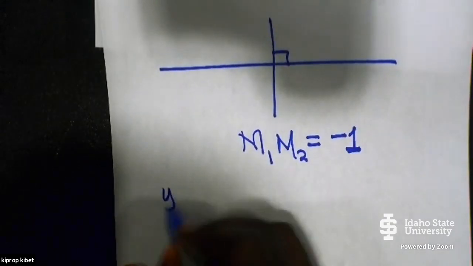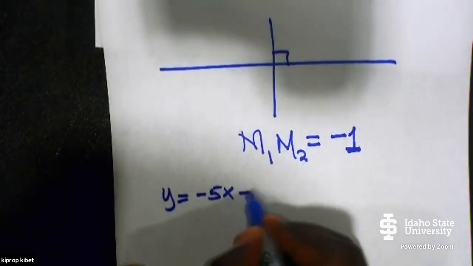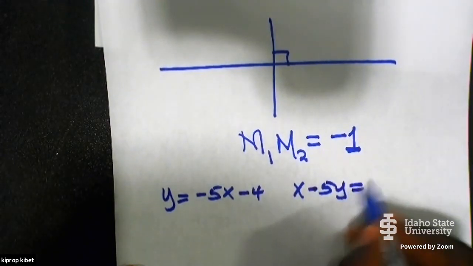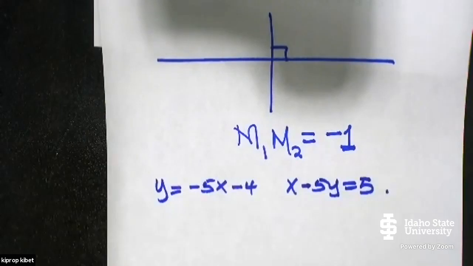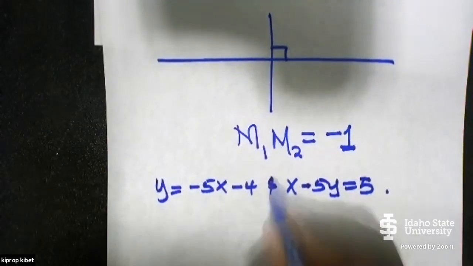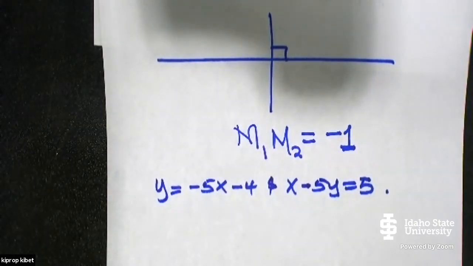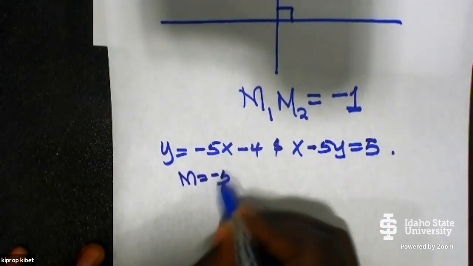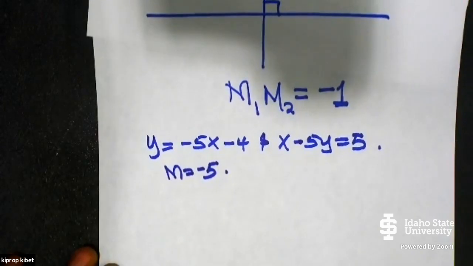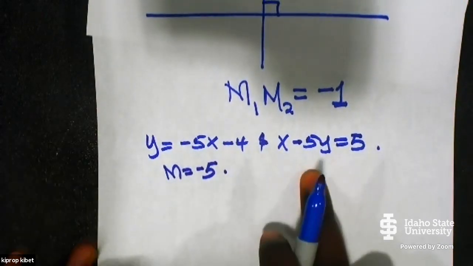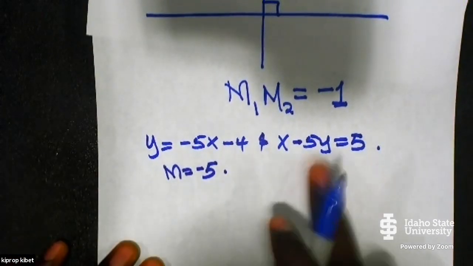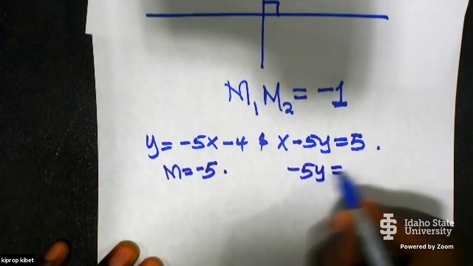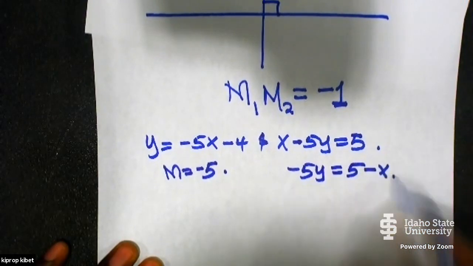So y equals -5x minus 4 and x minus 5y equals 5. The first one has m equals -5. Now we get m from the next equation. We take x to the other side, so -5y equals 5 minus x.